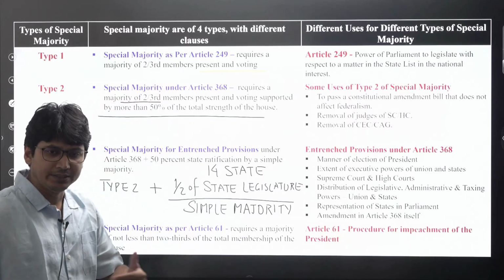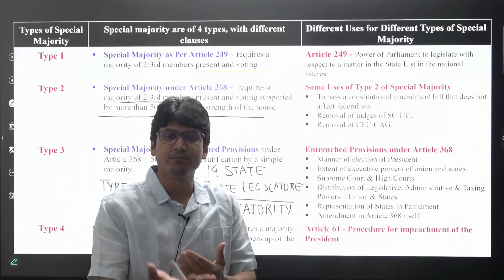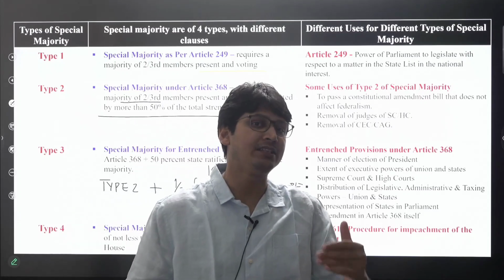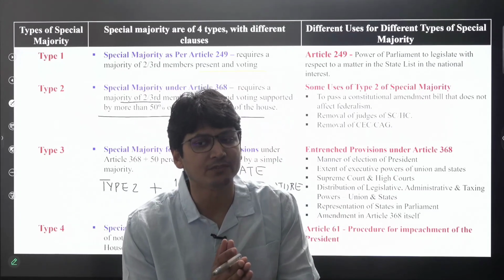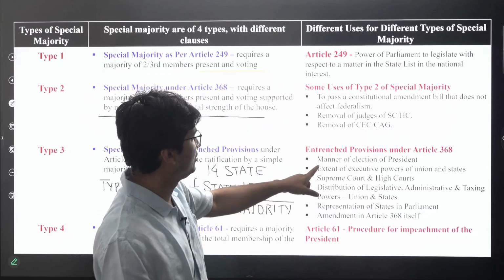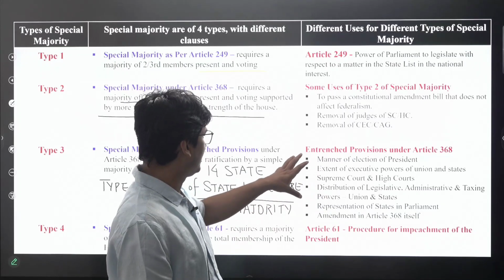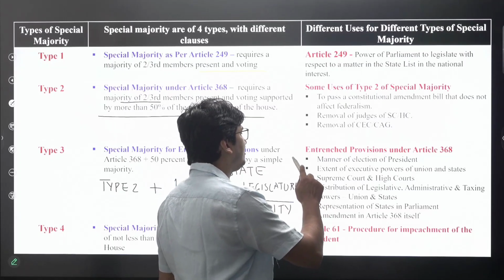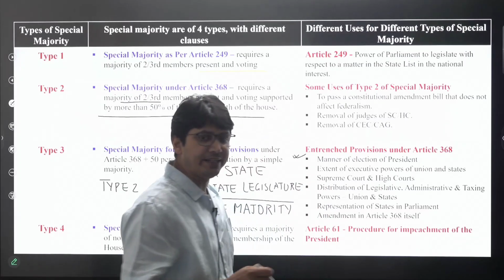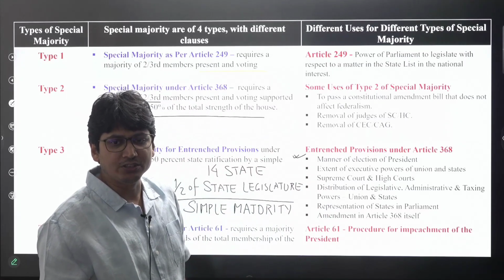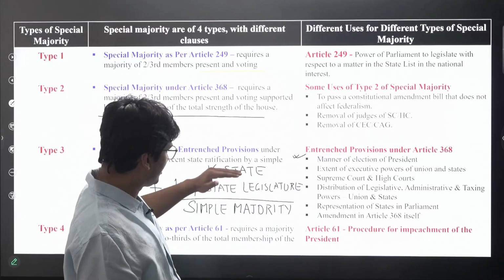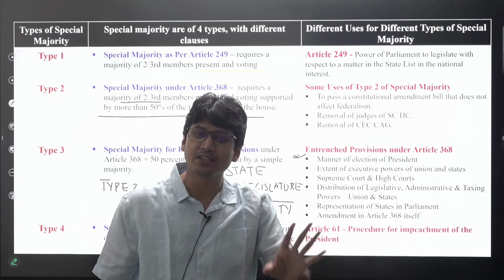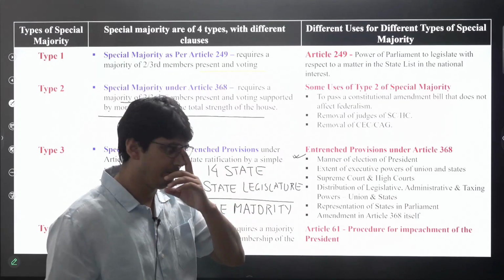Why? This extra cushion, extra protection, is given because it affects the powers of the states also, and hence approval of at least 50% of the states is required. And what are these matters? These are called entrenched provisions. Manner of election of the President: if there has to be an amendment in the election procedure of the President, then it must be passed by type 2 plus at least half of the state legislatures should also approve it.